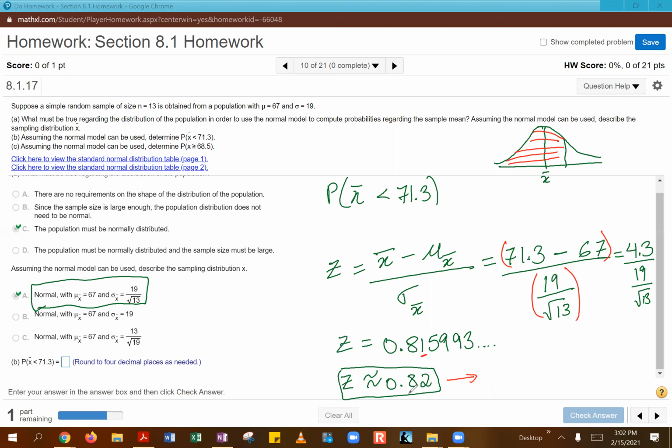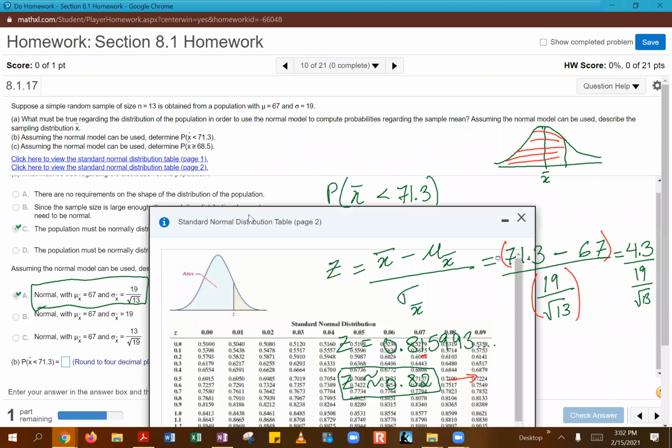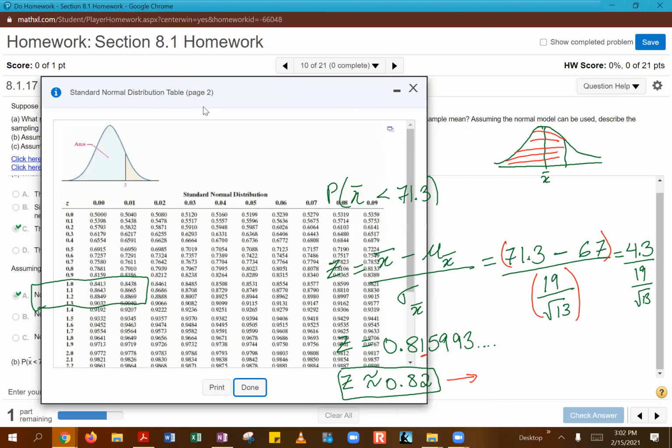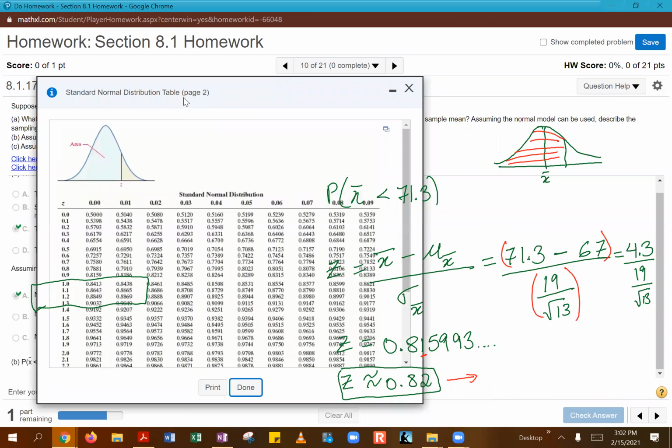So since this is a positive number, positive 0.82, I'm actually going to click on table 2, which I believe is for the positive numbers. There we go. And I don't know if this is going to be a little hard for you to see, but I will guide you along. So we are looking for 0.8 on the left-hand side, and for this 2 over here, we're going to go to the top column and look for 0.02.